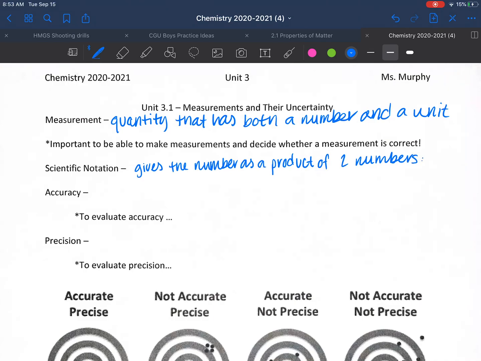So this is going to be given as a coefficient and a 10 raised to a power.